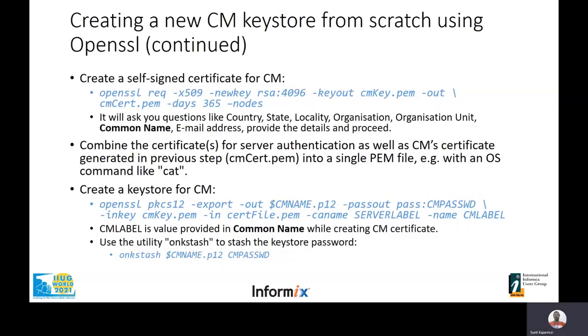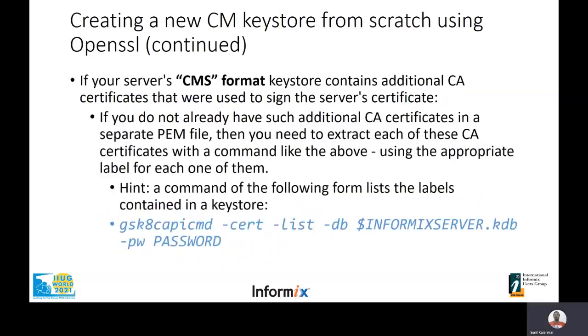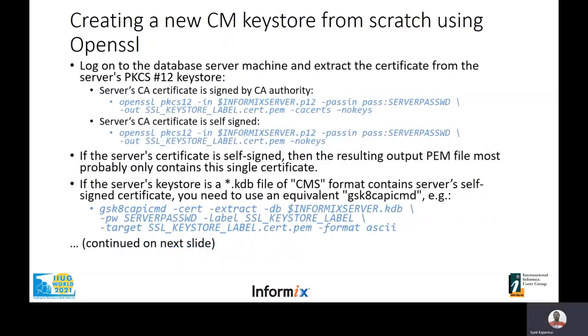Then combine the certificates needed for server authentication, as well as the connection manager certificate generated in the previous step, into a single PEM file using cat. So you have multiple CA certificates which were generated one by one by providing the label name for each and every certificate.